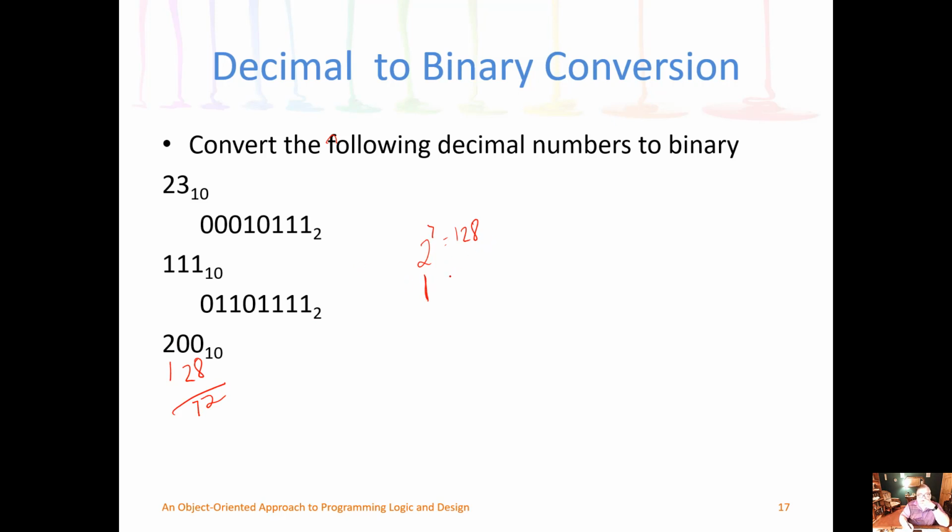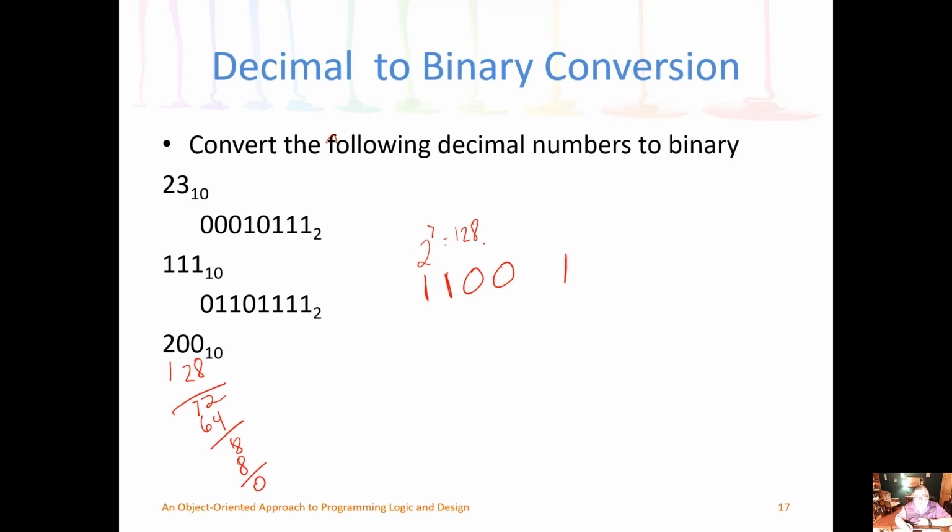2 to the 6 is 64. That will work. We get 8 left. So 64. 32 cannot go into 8, so that's a 0. 16 cannot go into 8, so that's a 0. 8 can go into 8, so that's a 1. And we have 0 left.